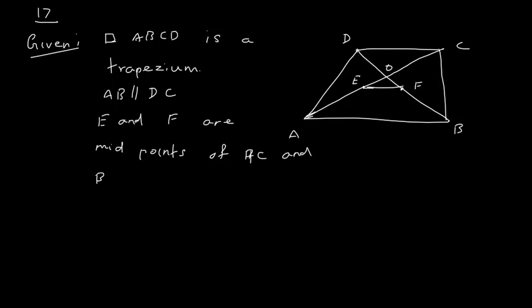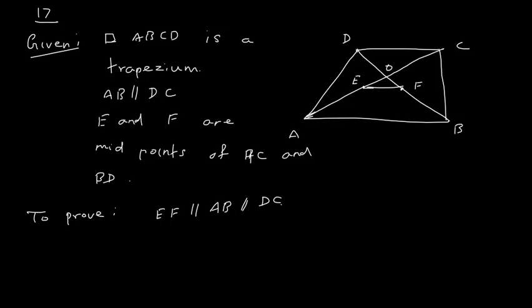To prove, EF is parallel to AB, parallel to DC. This we have to prove, that EF is parallel to AB as well as parallel to DC.